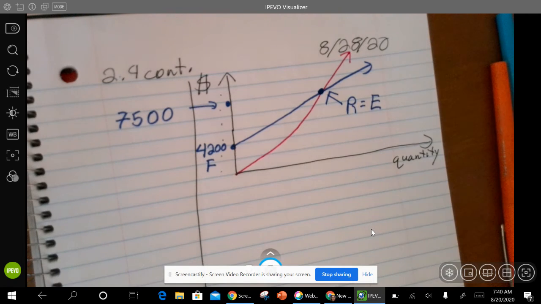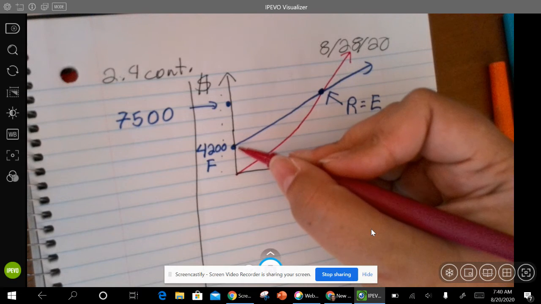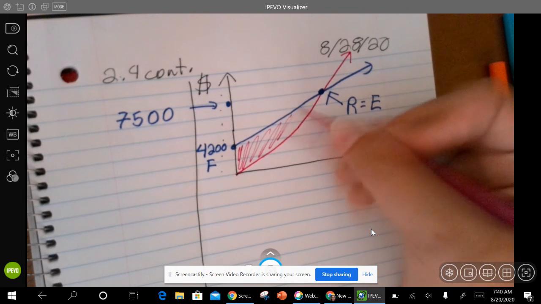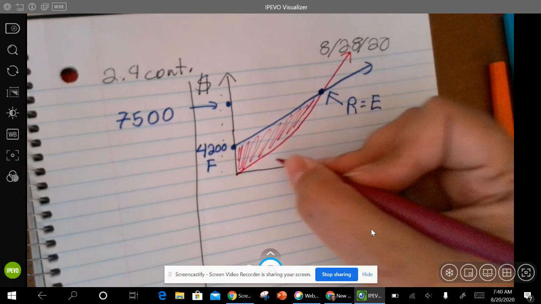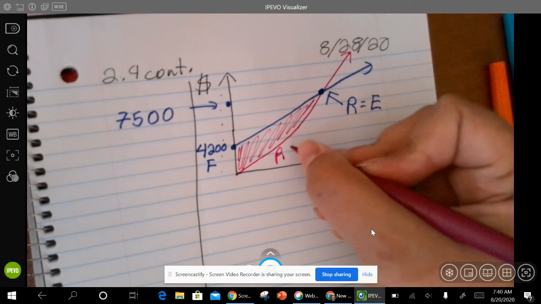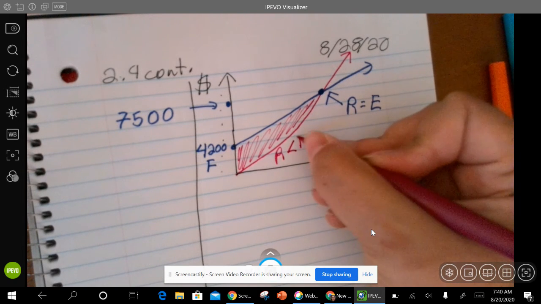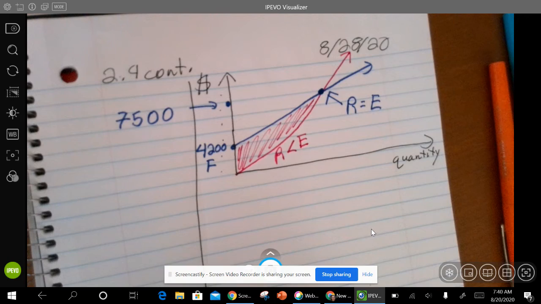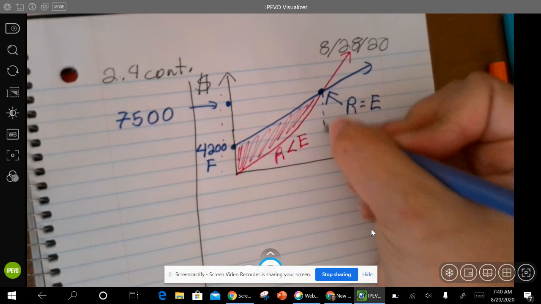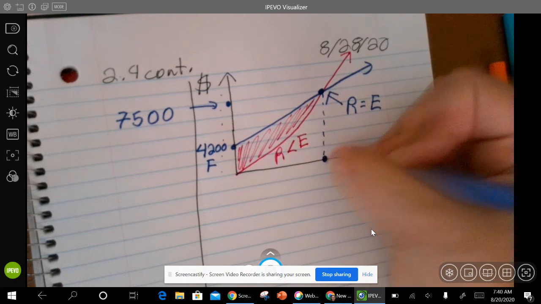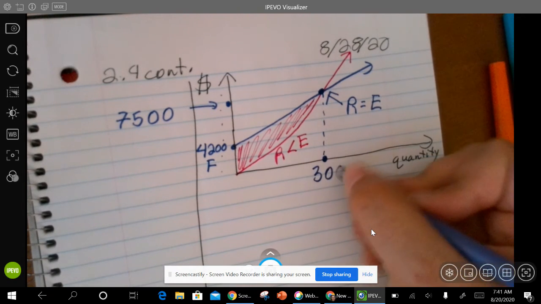Okay. If it's less, okay, that means our revenue is less than our expenses, everybody. So that would be a loss. Okay. Oh, I had to add one part. And then our quantity, everybody, at the break-even right here, we'd have 3,000.